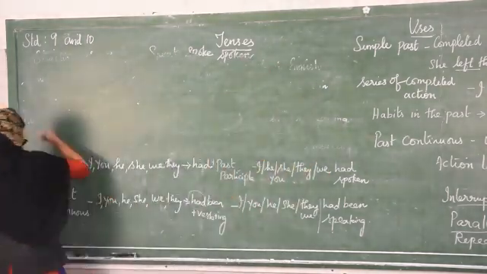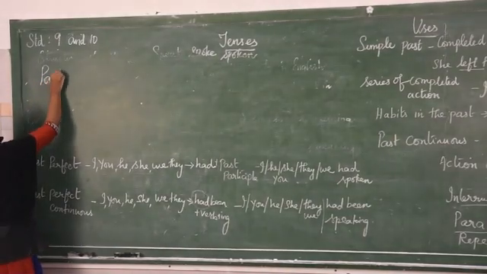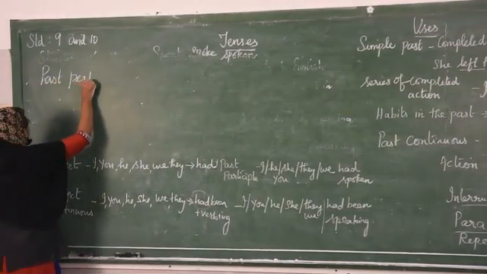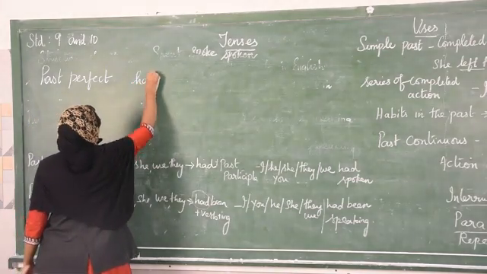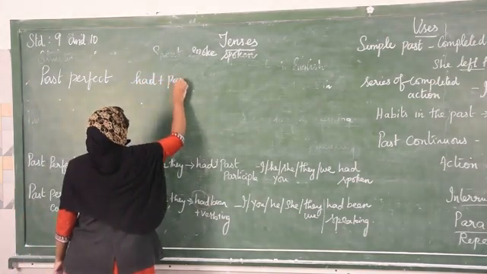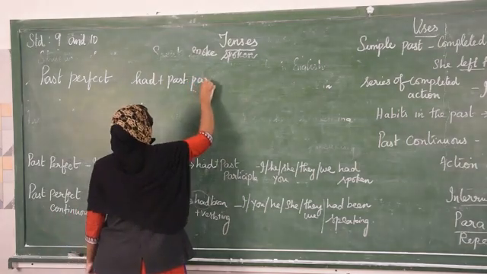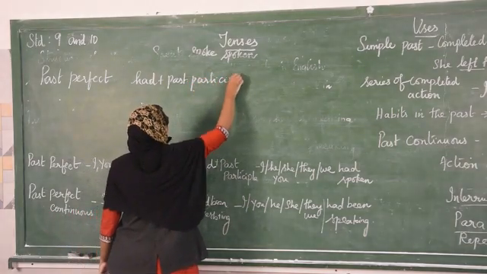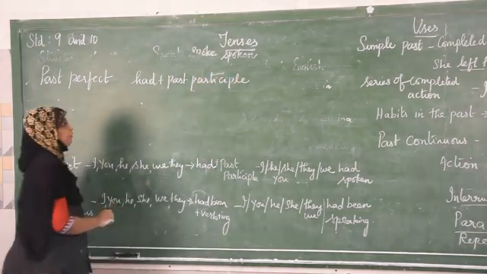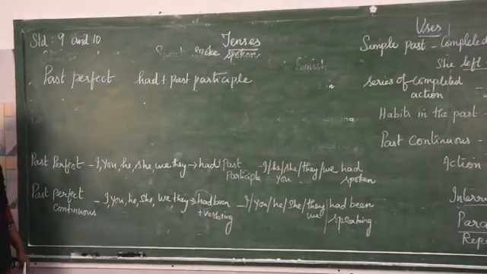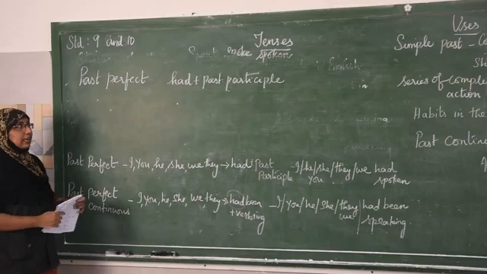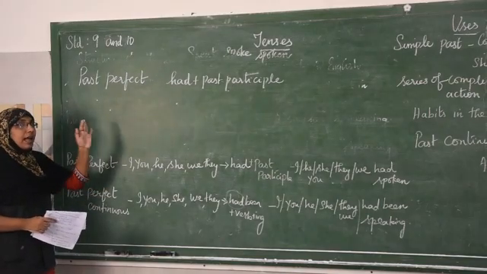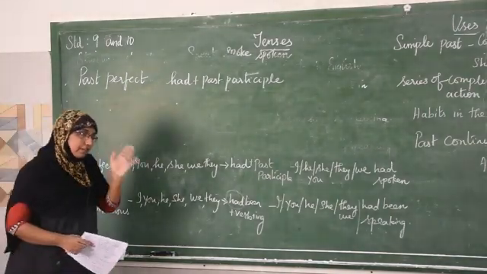Now what is this past perfect tense? What is the formation of past perfect tense here? Had plus past participle. And here this past perfect tense refers to an action which had taken place earlier in the past, and the specific time won't be mentioned there.